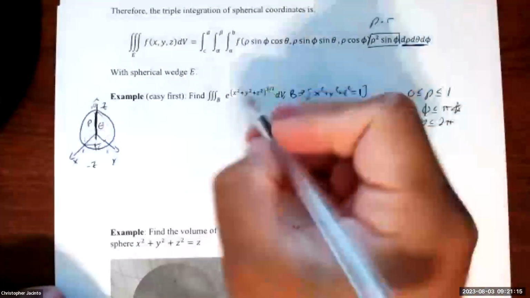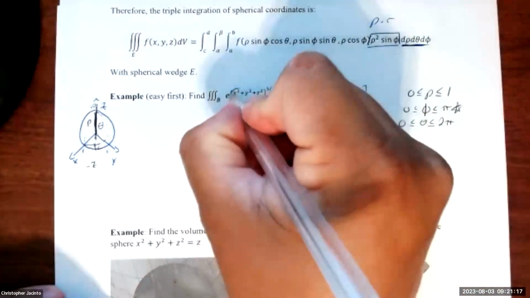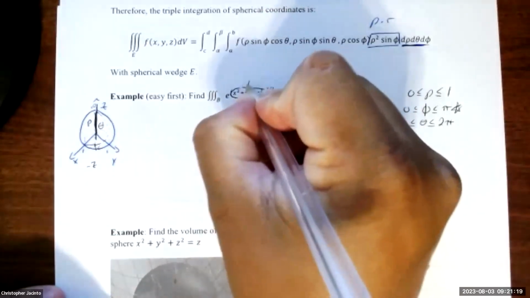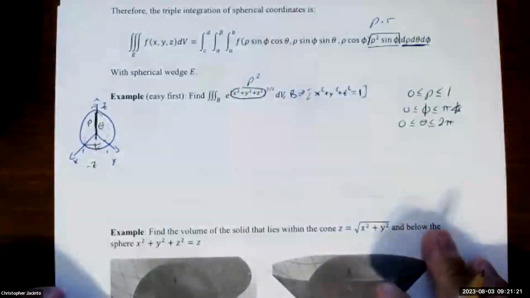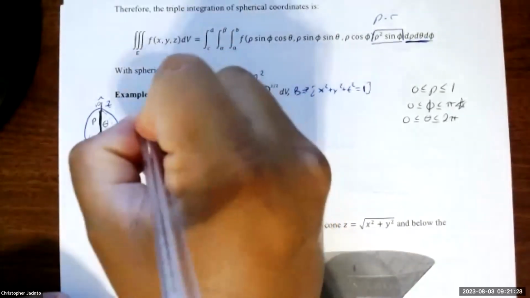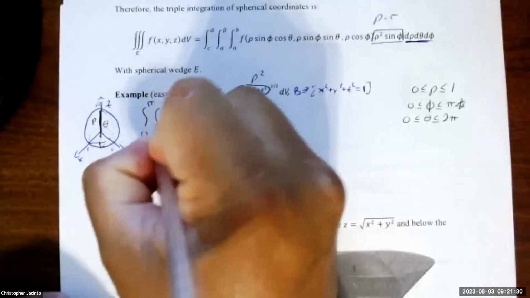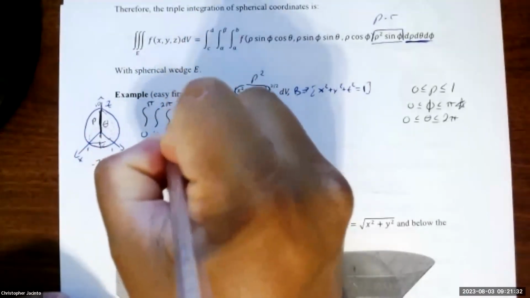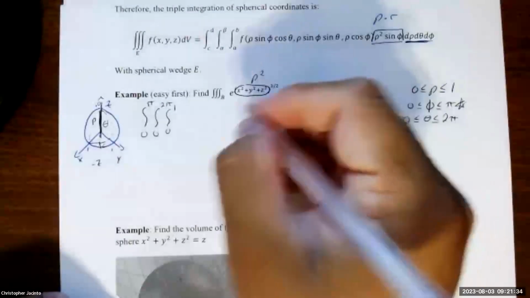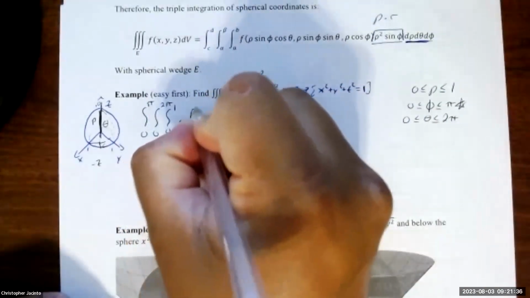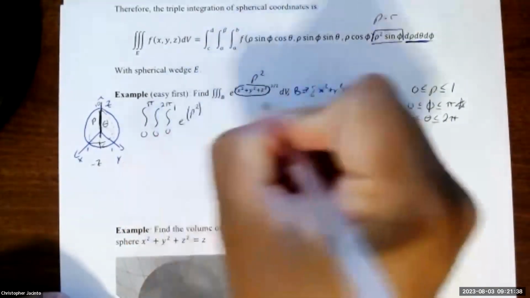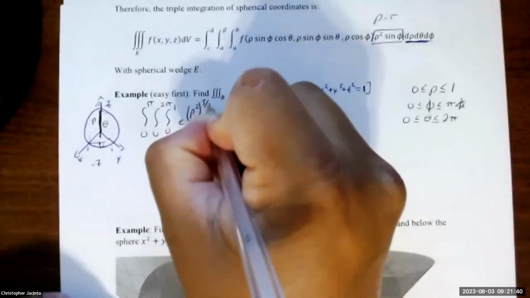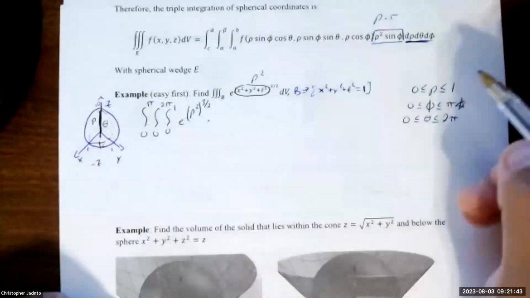So therefore, now I can rewrite this, and I know that this part right here is going to be phi squared. This becomes the integral of 0 to pi, 0 to 2 pi, and 0 to 1, our new equation of e to the phi squared raised to the 3/2 power times, and don't forget to plug this in.